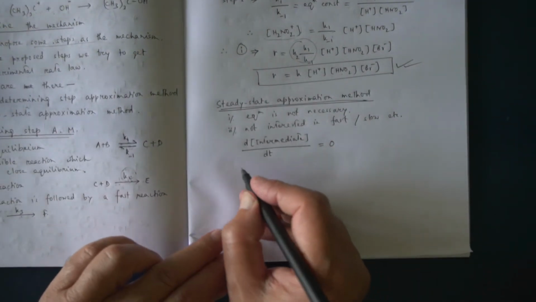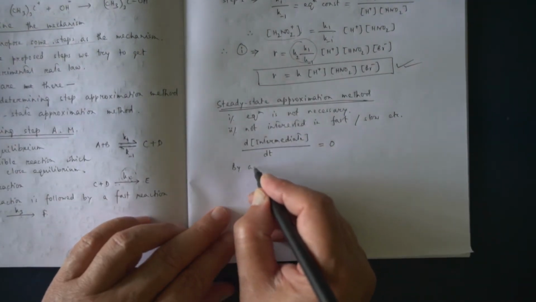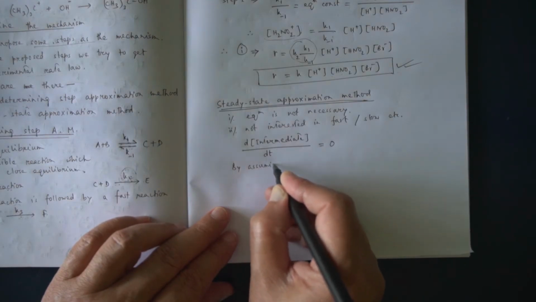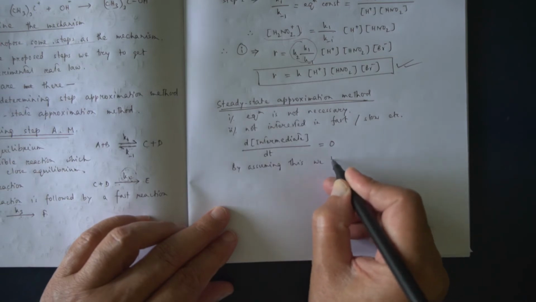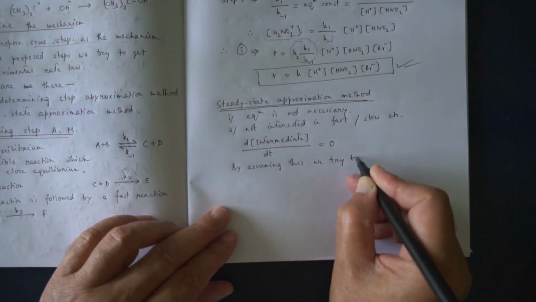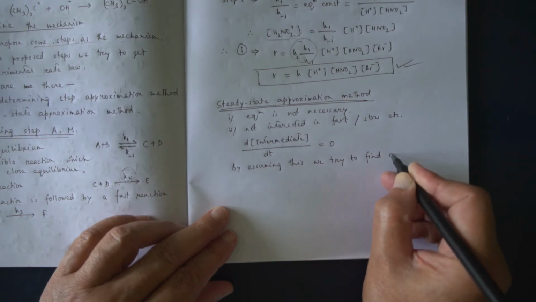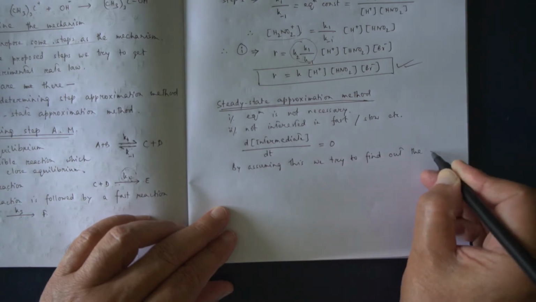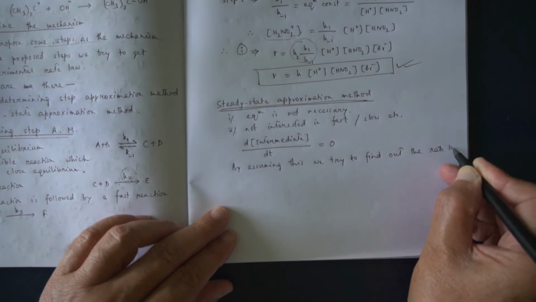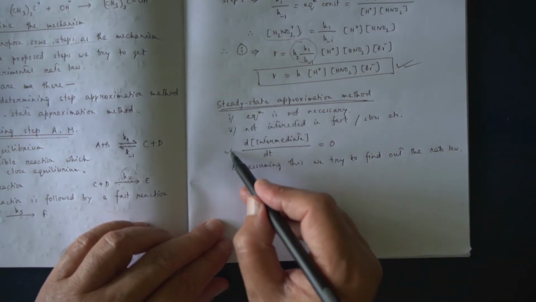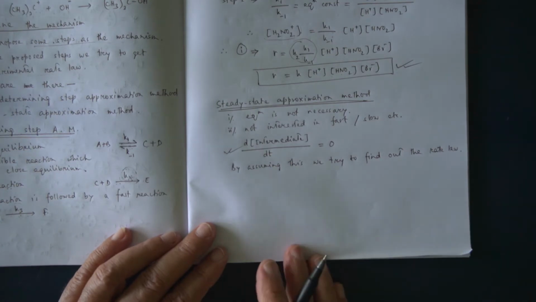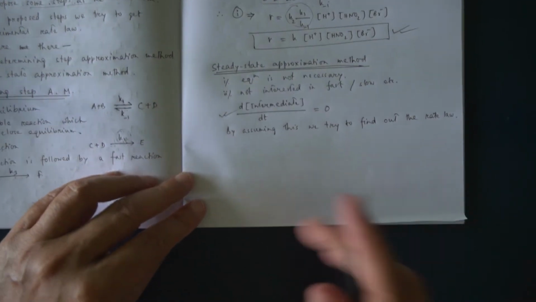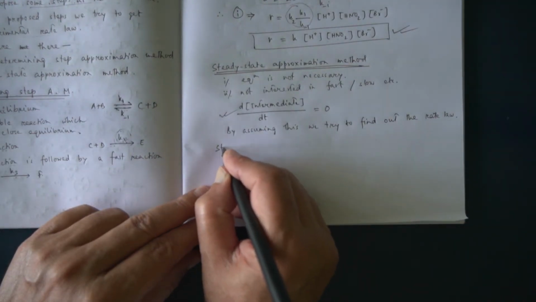So basically this d[intermediate]/dt equal to 0. We propose this.